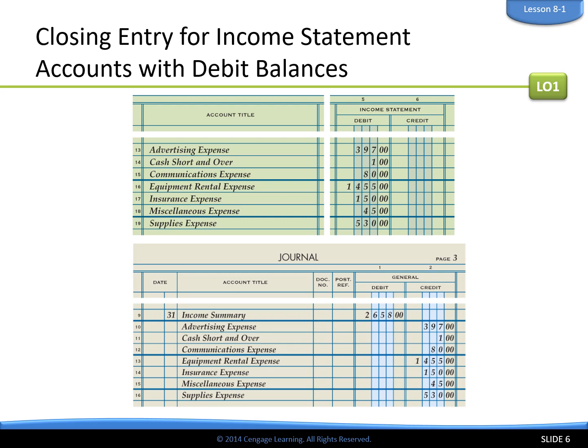We look at the journal. Now, just ignore where it says income summary and it has a total there. Okay, because at this point, we don't know what the total is. Okay, we know what our expenses are. We know they have debit balances. So we need to credit each of these accounts.